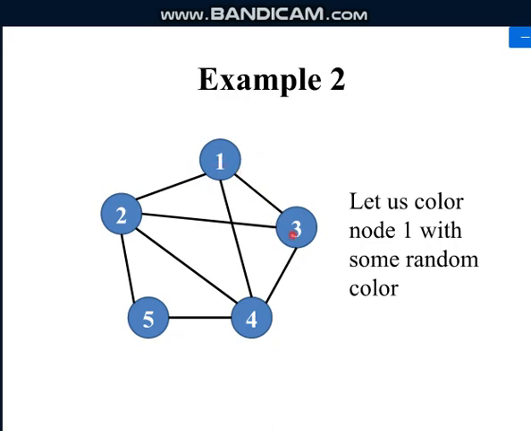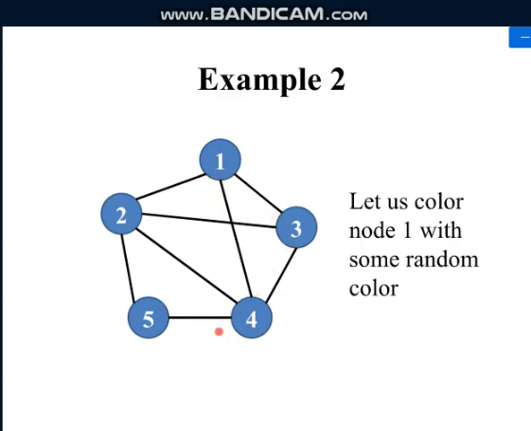Now next, if I try to color node 3, I cannot color it the same as 1 and 2 because 3 is connected to both 1 and 2. If I consider node 4, I cannot color it with the same color as 3, 1 and 2, because 4 is connected to 1, 2 and 3.